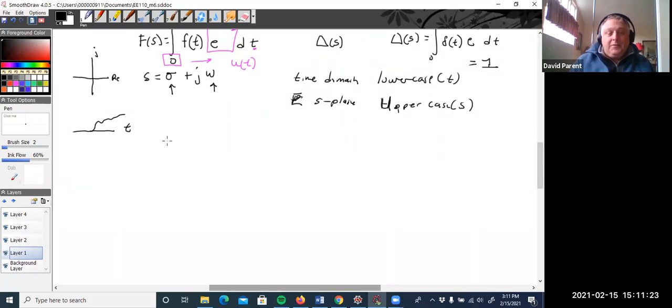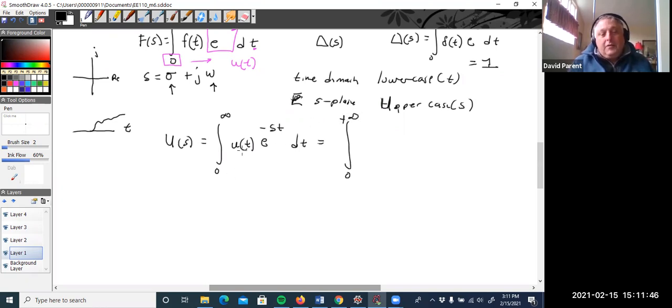So it's not a great example of learning the Laplace transform. It's better to do the actual step function. So U of s, okay, and I'm going to put U of t, e to the minus st dt. Now notice, we're starting at 0, right? And what that means is we're integrating from time equals 0 all the way up to infinity. So u of t is 1, right?